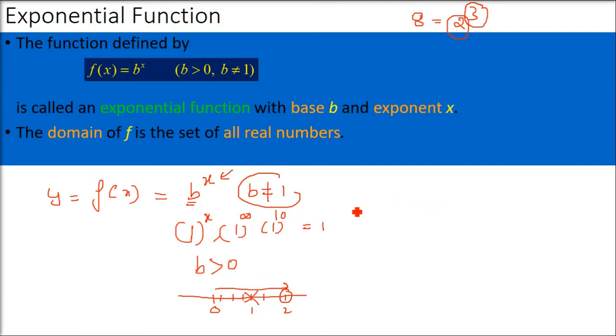After 1 it is also possible, but b cannot be 1 and b cannot be less than 0. So the best way is to take the base as 2, and this will give you the idea of how the graph will look, and how the domain and range we can deduce.